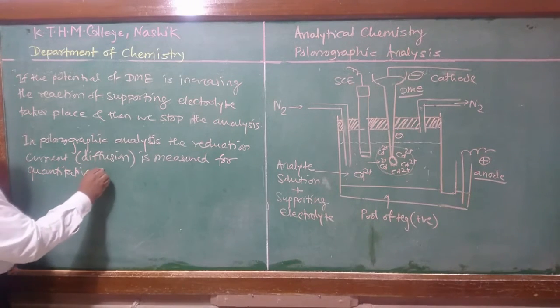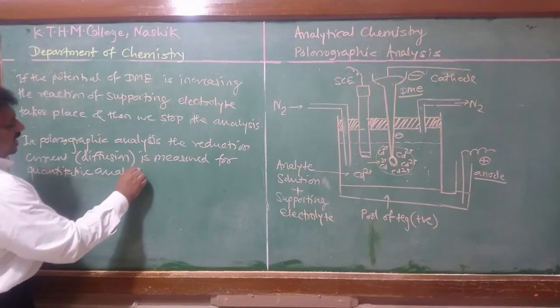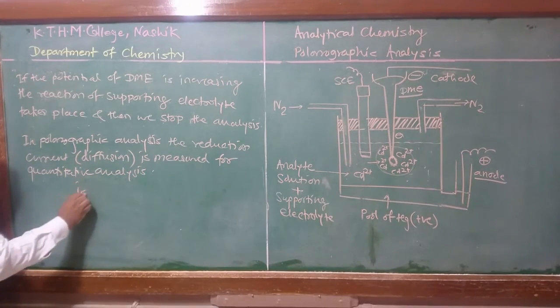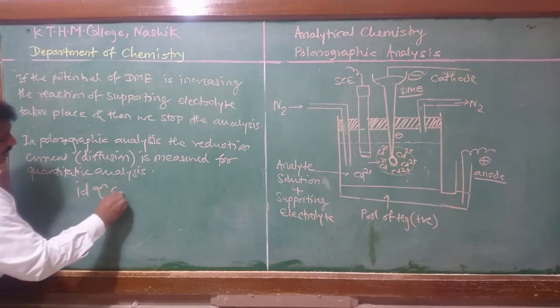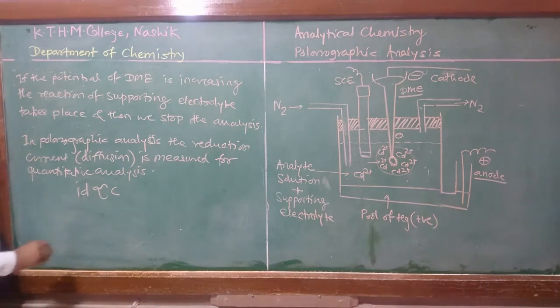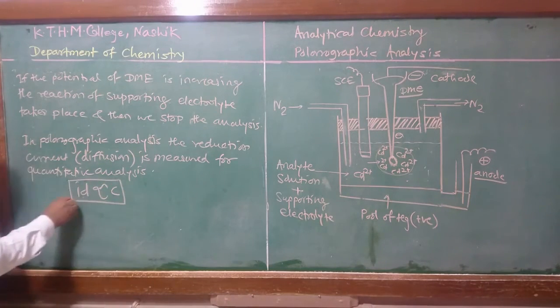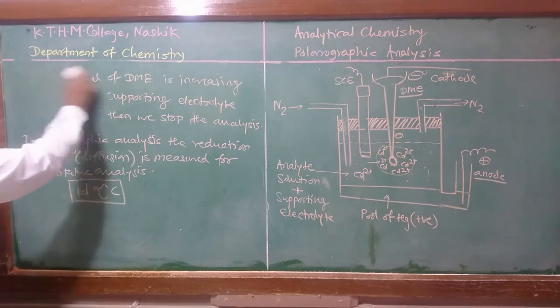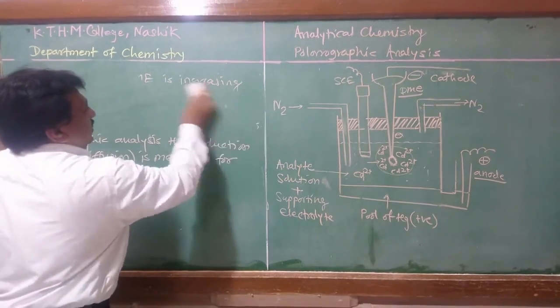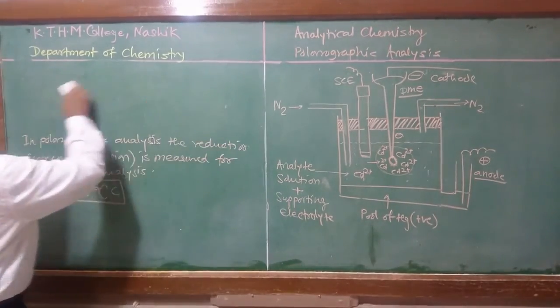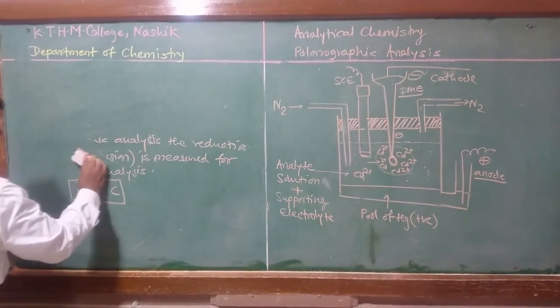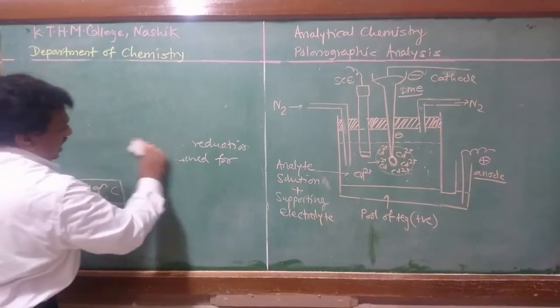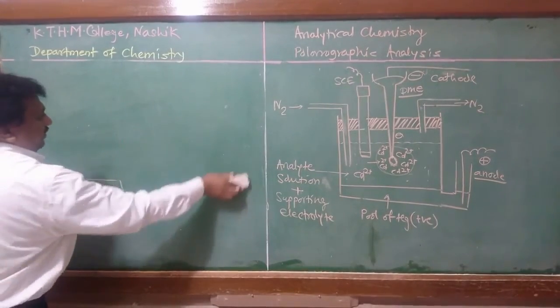And this current is directly proportional to the concentration of the analyte which undergoes reduction at the dropping mercury electrode. Then the concentration of the analyte in the sample solution is determined by using the Ilkovic equation and this diffusion current.